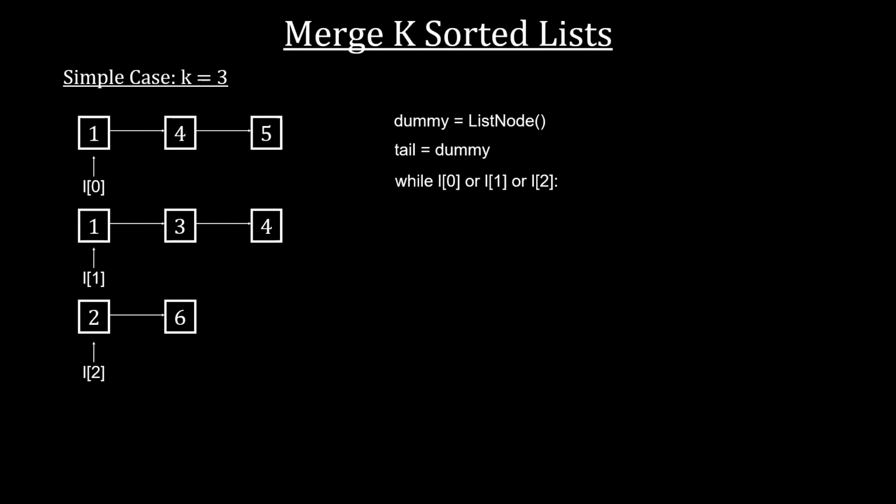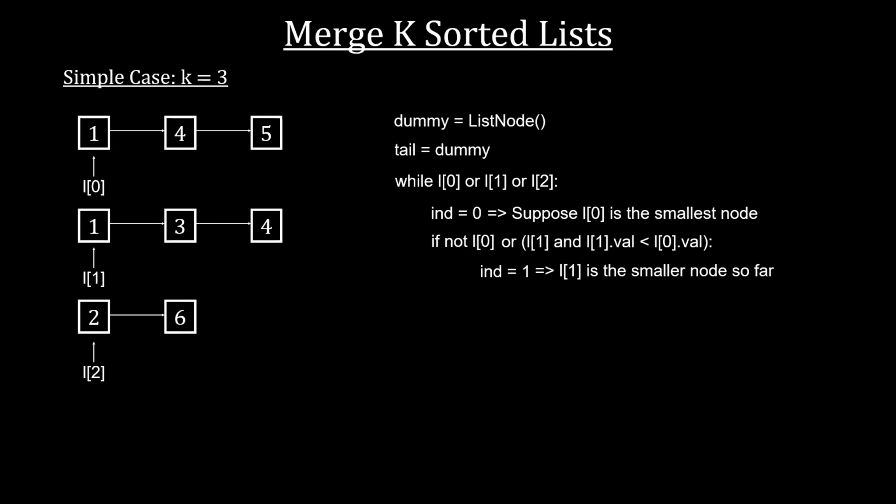Then, for as long as we haven't visited all the nodes, so at least one of L0 or L1 or L2 is not null, we will find the smallest node, push it into the answer, and increment the corresponding pointer. Again, we start with index equals 0, so we suppose that L0 is the smallest node. Then we check for L1.